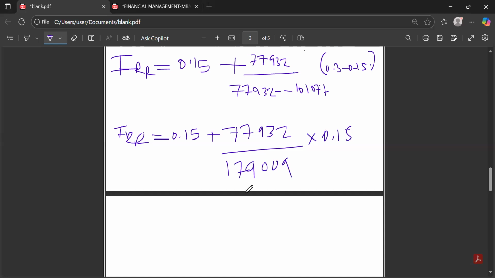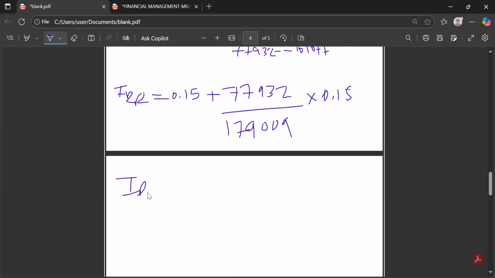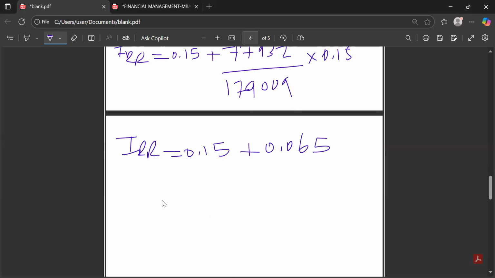Okay, so here it's giving us the internal rate of return: 0.15 plus 0.065. It's giving us 0.215, or 21.5%.